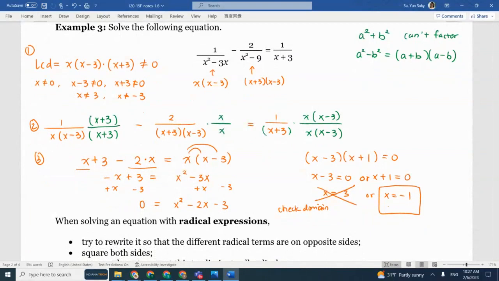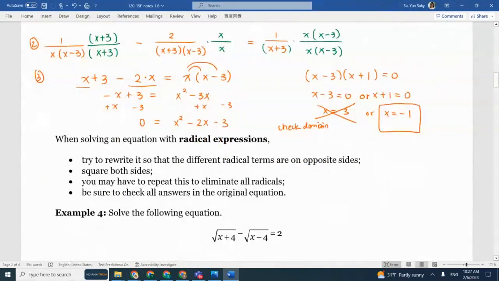All right. So next one. How about solving equations involving radical expressions? That means you have a square root. Do you still remember what square root looks like? Have you seen square root before? Yes, radical. Yes, square root.